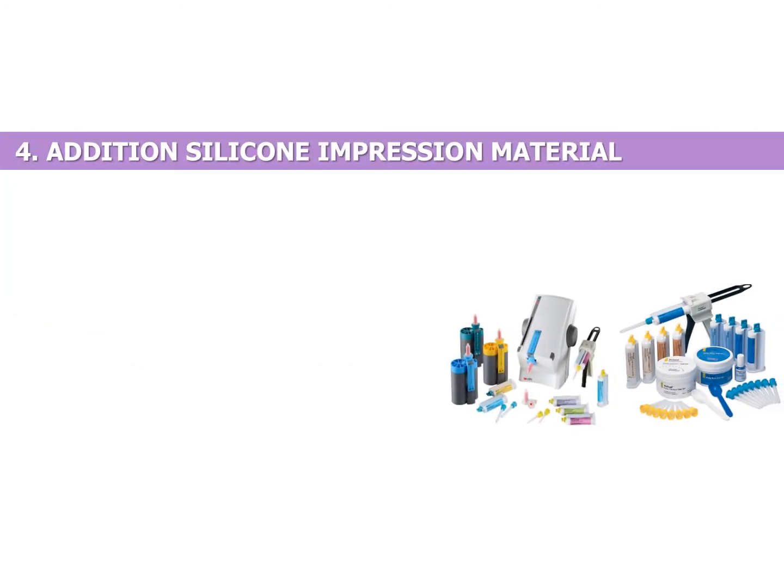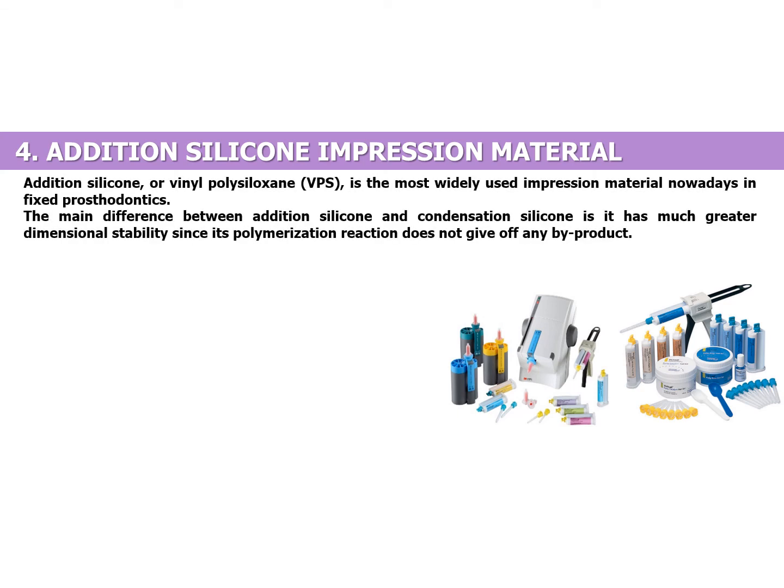Addition silicone impression material. This material is the most widely used impression material nowadays in fixed prosthodontics, also called polyvinyl siloxane or vinyl polysiloxane. The main difference between the addition silicone and condensation silicone is that it has much greater dimensional stability, since its polymerization reaction does not give off any byproduct.